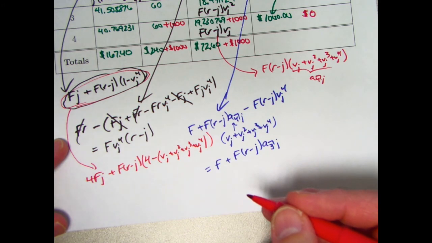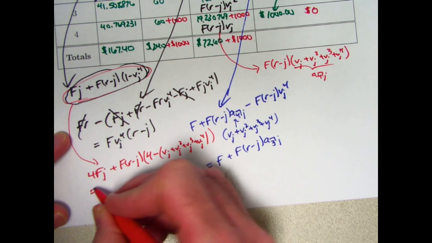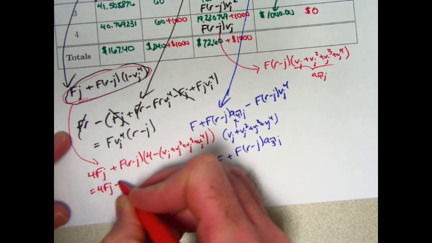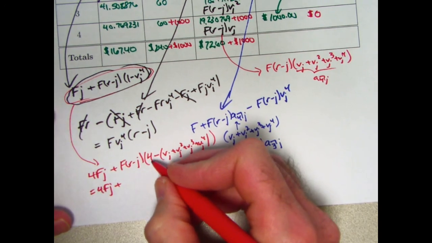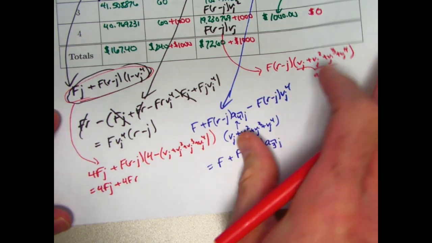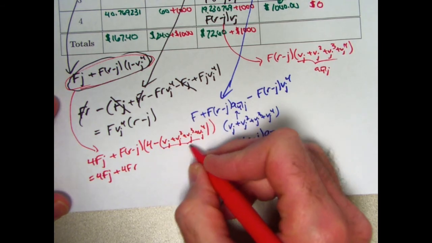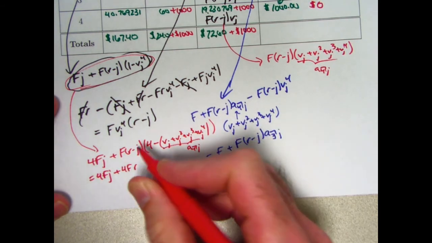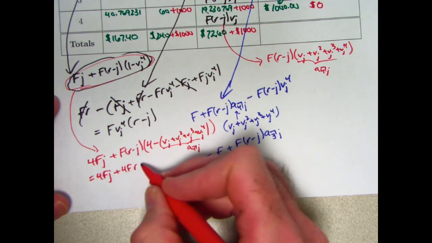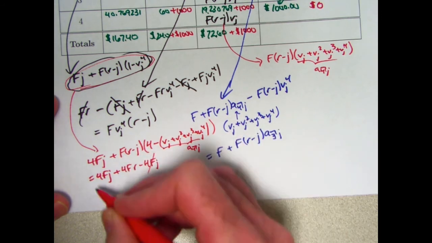Let's see, I'm not sure it's best to keep it that way. Let's see, if we multiply this out, what's going to happen? I'm going to have a 4fr. I will also have a, maybe I should have kept this as an a4 here. I will also have a minus 4fj. That will cancel with this one.